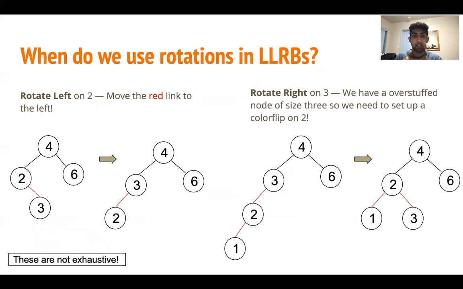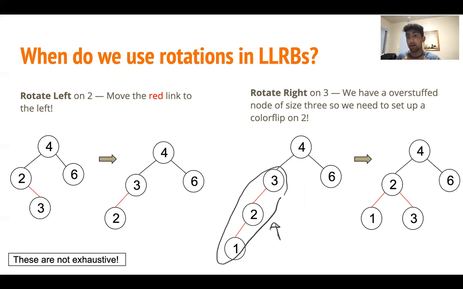So the last couple things I want to say are, when do we actually use rotations in LLRBs, right? So we remember that if we ever have a node to the right, we perform a rotate left. But when would we ever use a rotate right? We want to perform a rotate right in this following situation, okay? More specifically, what we want to have happen here is we want to eventually perform a color flip on this component, right?